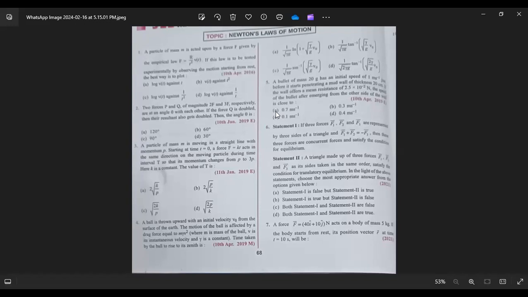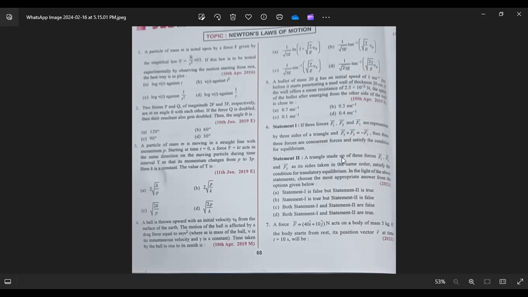So question number 6. This is a very easy question. If three forces F1, F2, F3 are represented by the three sides of a triangle, F1 plus F2 is equal to minus F3. These are called concurrent forces, and three concurrent forces satisfy the condition of equilibrium. This is statement one.